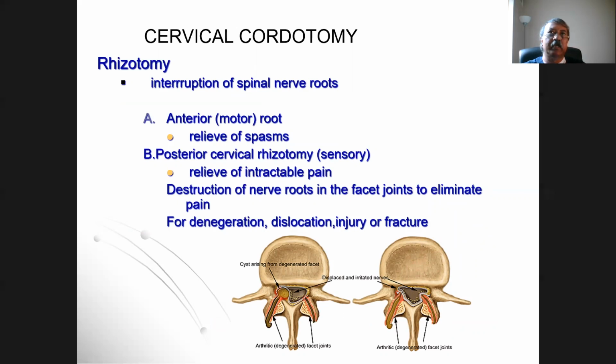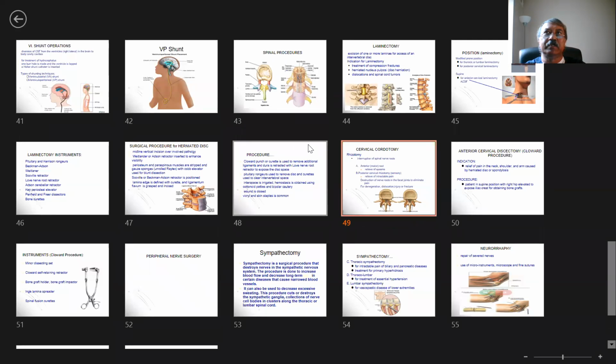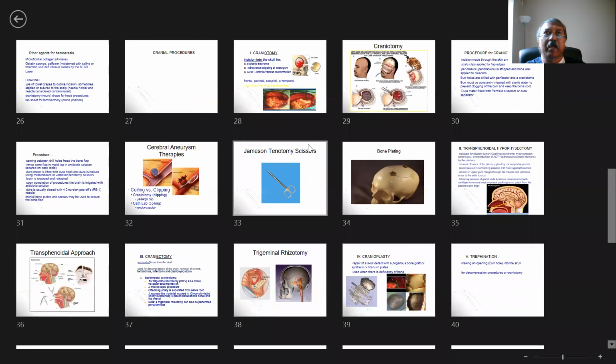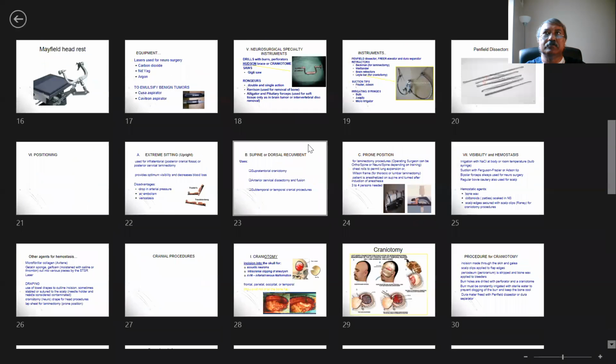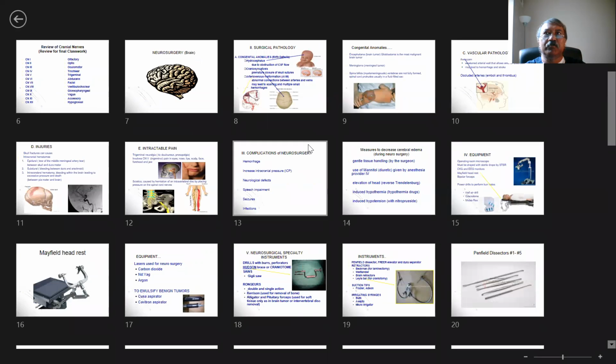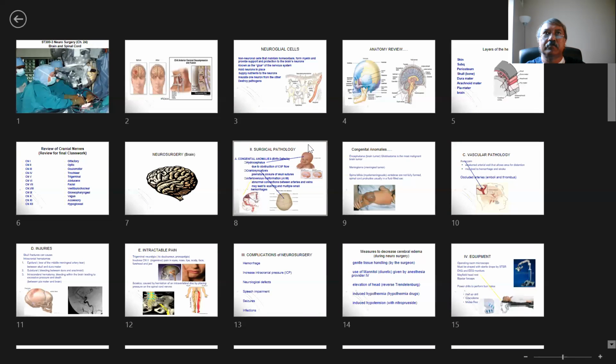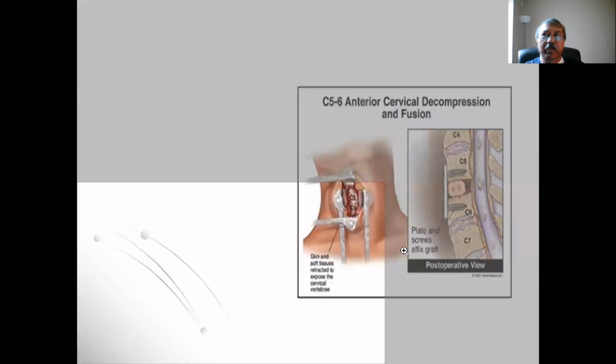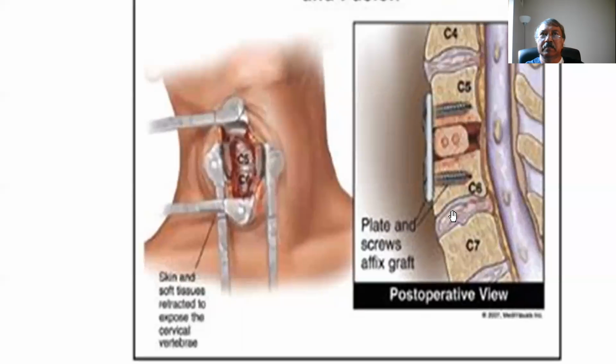Let me show you another picture where you can see the cervical area and the placement of the bone graft. This picture. If we magnify this, right here you're seeing cervical 5 and 6.